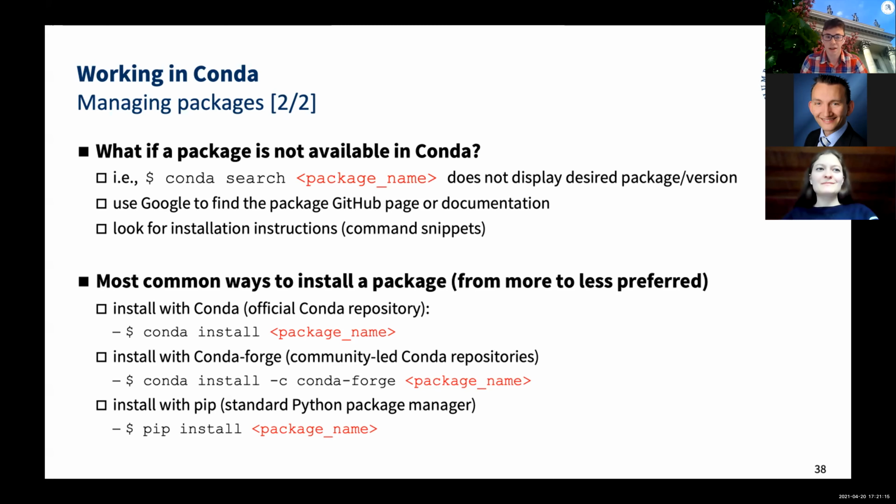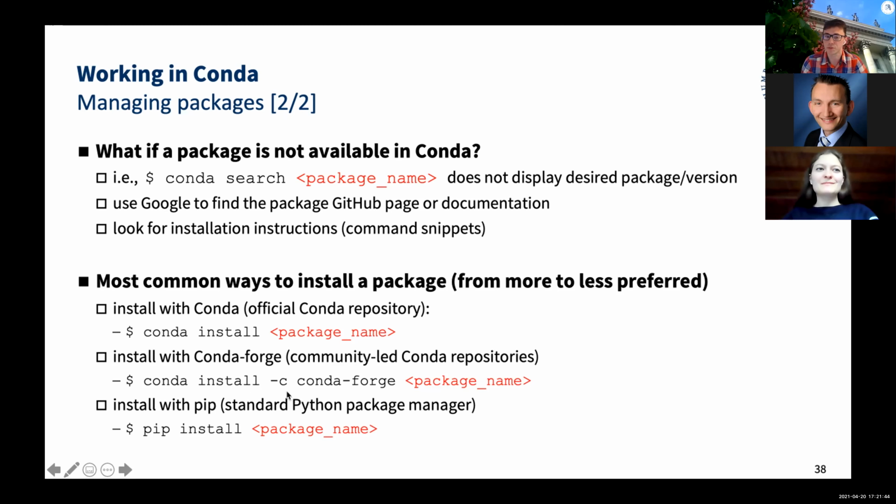And in a vast majority of cases, all ways to install packages will be covered by this tree that you see on the slide. You first try conda install. If the package is not there, because it is not part of the official Conda repository, because maybe the developer was a bit lazy or didn't want to share this package there, you can try to install it from Conda Forge with this command.